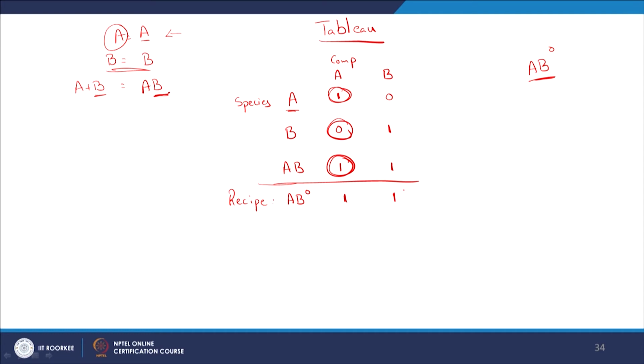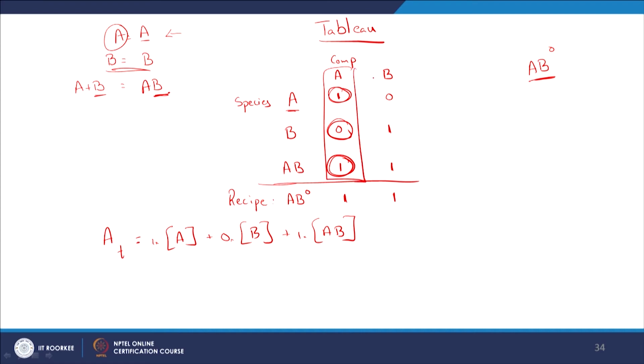And then the component balance equation: A total is equal to 1 times concentration of A plus 0 times concentration of B plus 1 times concentration of AB. That is what you see here. I am just balancing out this particular component.